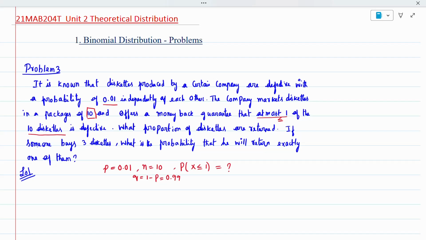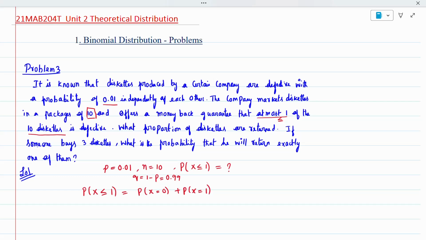When P is known, Q I can calculate: it's 1 minus P, 1 minus 0.01, which is 0.99. So probability of X less than or equal to 1 means probability of X equal to 0 plus X equal to 1. Both we have to calculate.